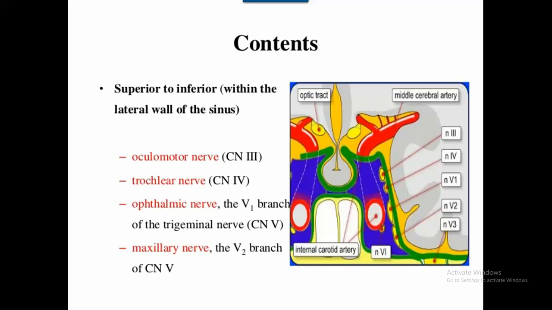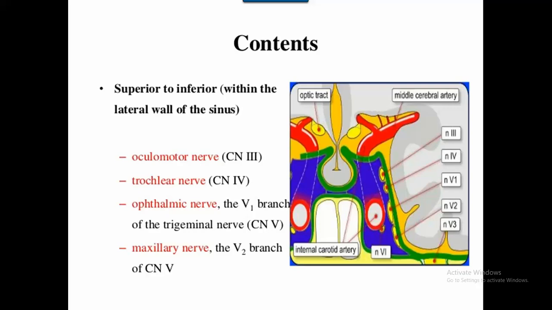Now, on the lateral wall of the cavernous sinus are the following structures. Look, V1, V2, V3. What do we mean by V1, V2, V3? They are branches of the trigeminal nerve: V1 ophthalmic, V2 maxillary, V3 mandibular, along with the oculomotor and the trochlear nerve.